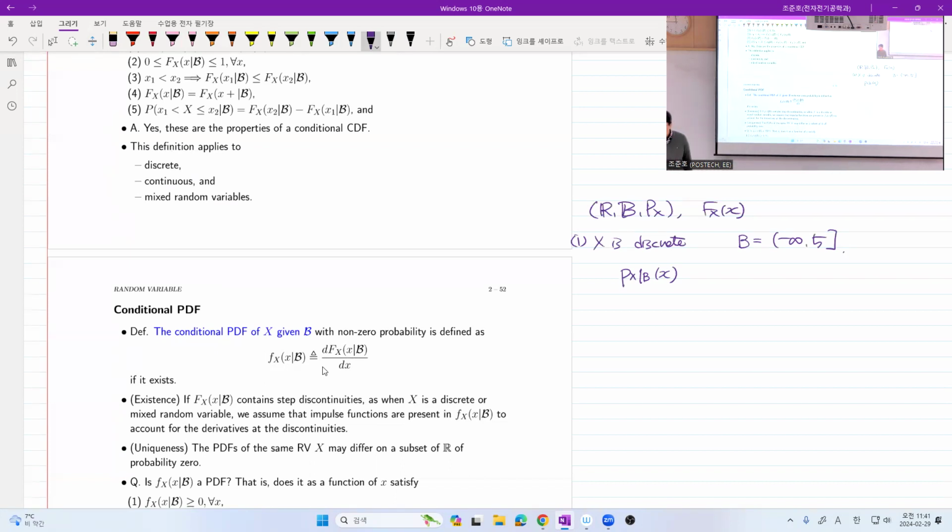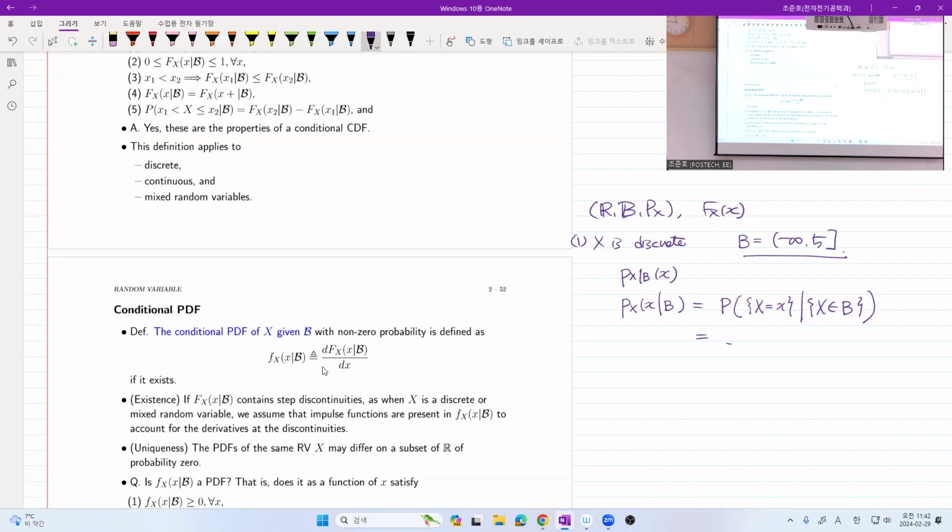Of course, you may say that this is not a good notation. Probability mass function of X given or conditioned on event B may be better. You are right. So some people love this notation. Some people use this notation. And it's your preference. Anyway, what would be this one? So we go back to our definition. What is this? The conditional probability of the event that random variable X has instantiation or realization x, given the event X is a member of the set B. In this case, B could be that one.